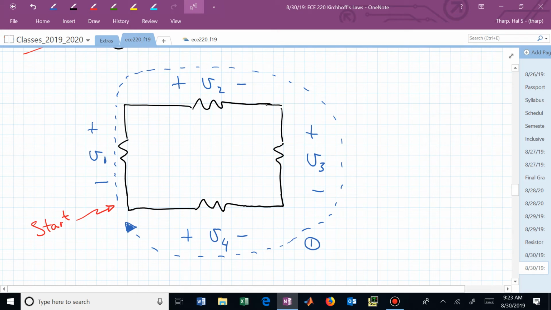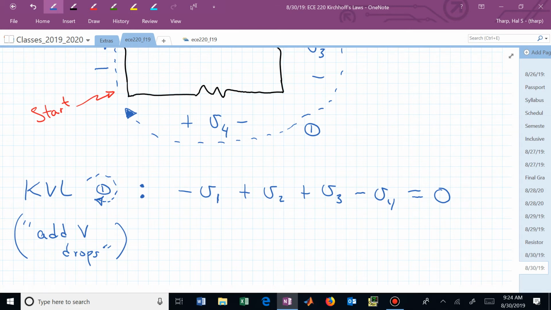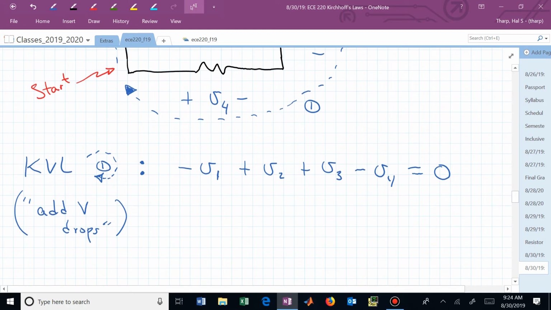So if somebody wanted to talk about drops, you could say this is adding voltage drops. Or now I'm sort of restating KVL in equations. What if I said the drops equal the rises?